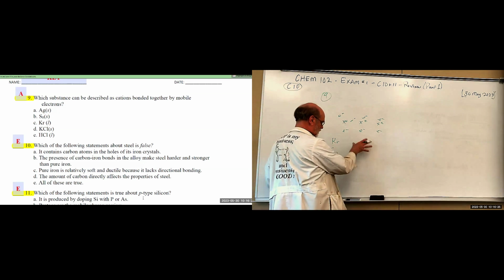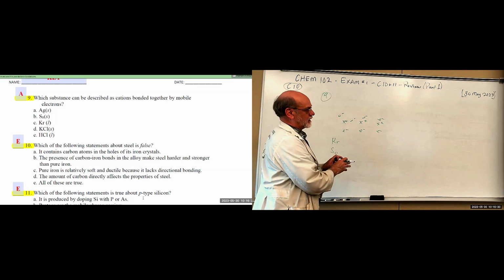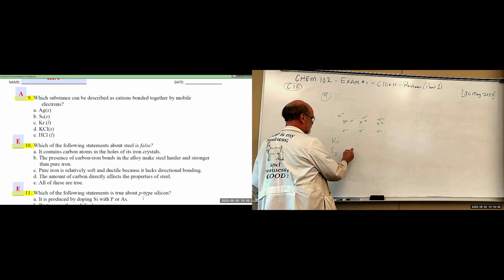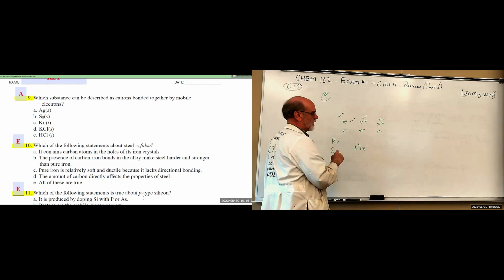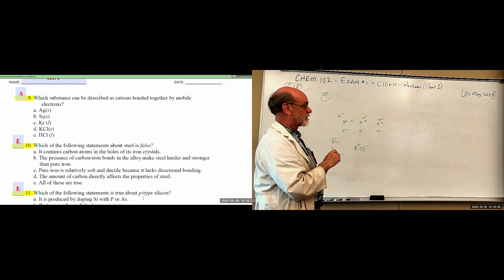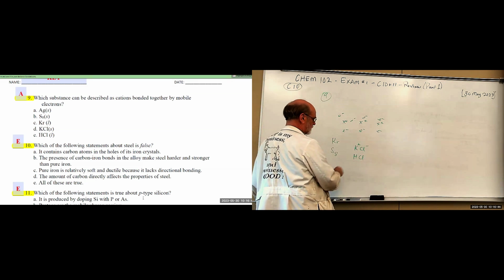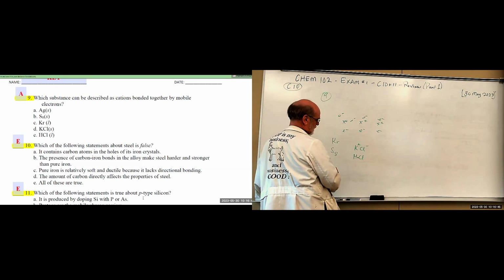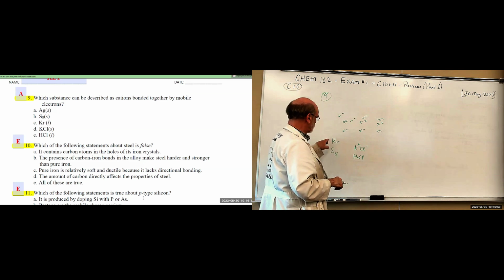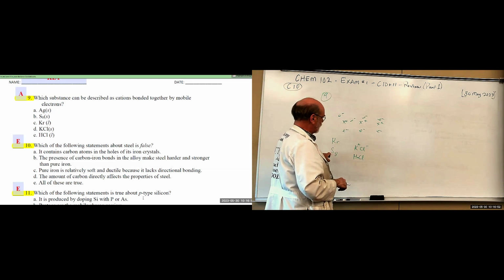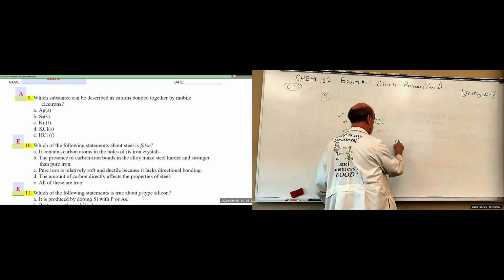It forms a ring of 8 sulfurs. Potassium chloride is ions, right? Not free electrons. And HCl is also a molecular compound. Right? So this is polar, this is ionic, this is nonpolar, and this is nonpolar. So the only one that fits that description is silver.